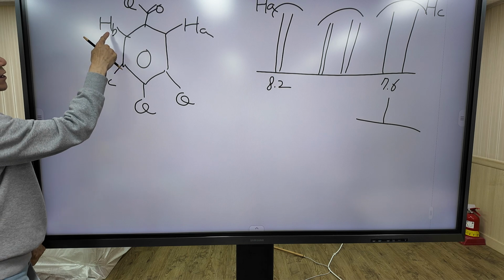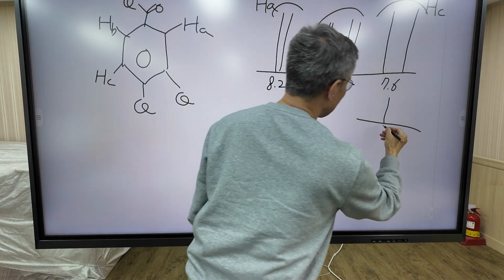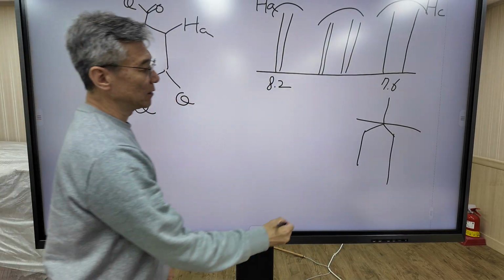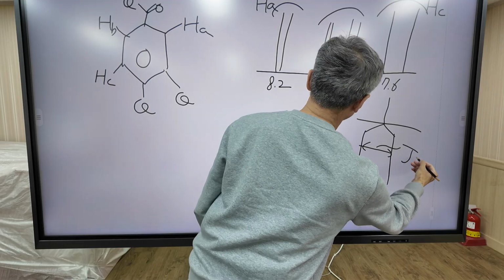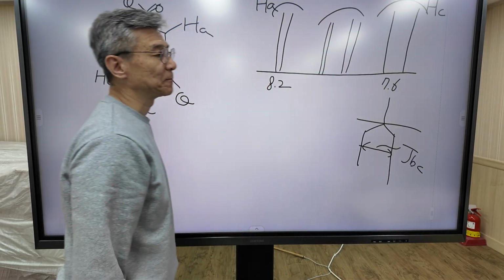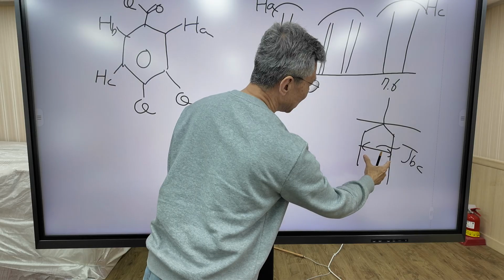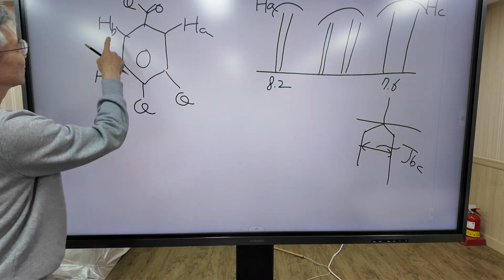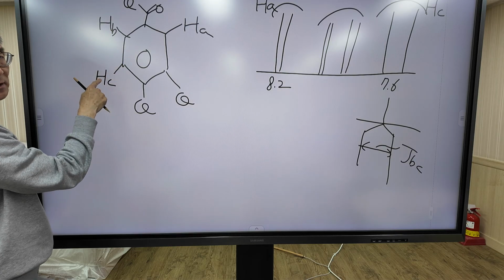Due to HB, HC is split into a doublet. The distance between the doublet lines is called JBC. The spacing JBC reflects the strength of the magnetic field, how much magnetic field HB exerts on HC.